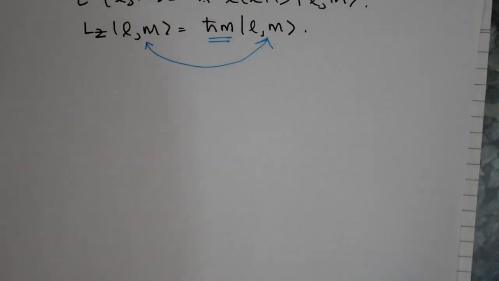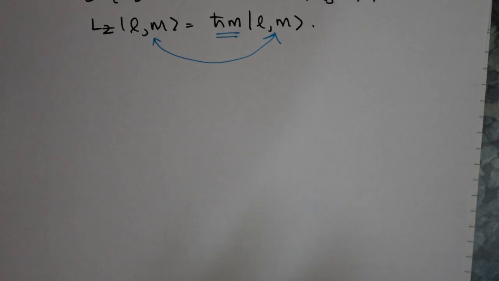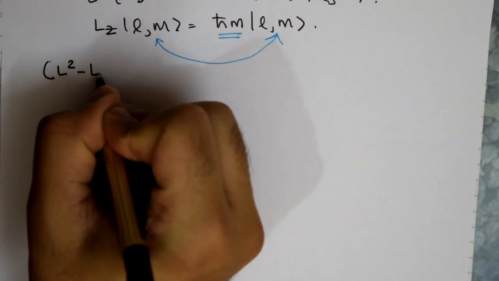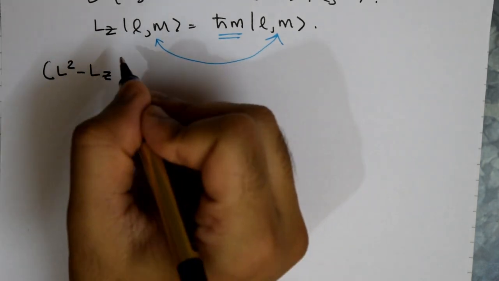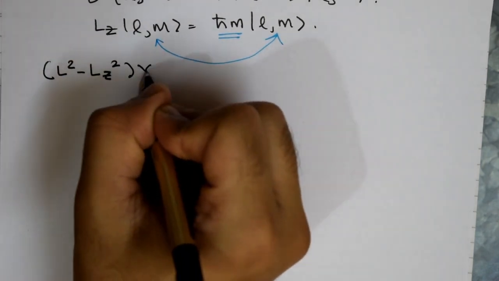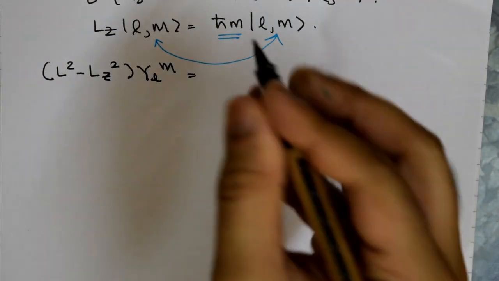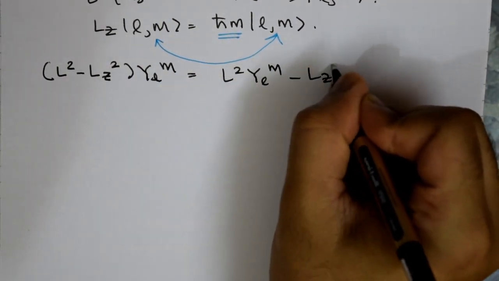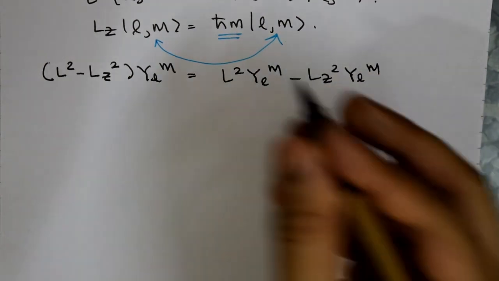Okay, so now having said that, we will continue to see a few more identities with respect to the angular momentum operator. Let's try to calculate what (L squared minus Lz squared) Y_lm is. This will be equal to L squared Y_lm minus Lz squared Y_lm.